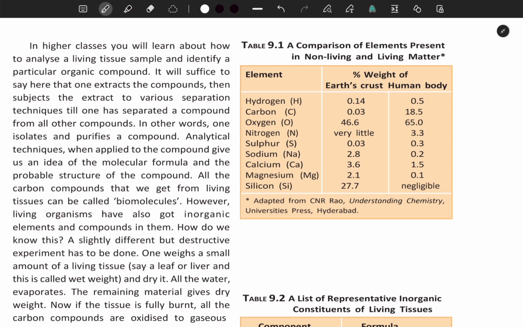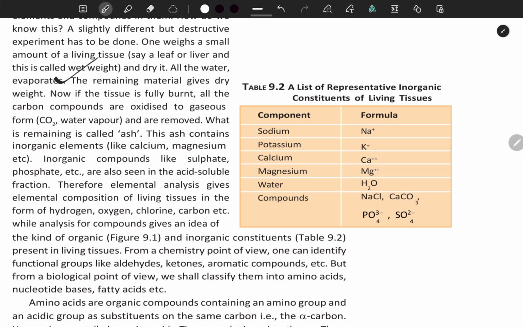However, living organisms have also got inorganic elements and compounds in them. How do we know this? A slightly different but destructive experiment has to be done. One weighs a small amount of a living tissue, say leaf or liver, and this is called wet weight, and dries it. All the water evaporates. The remaining material gives dry weight.